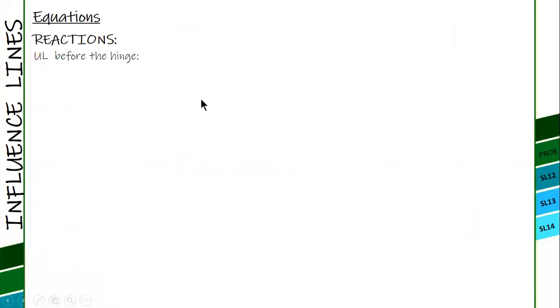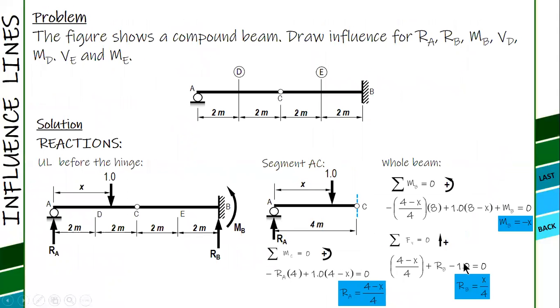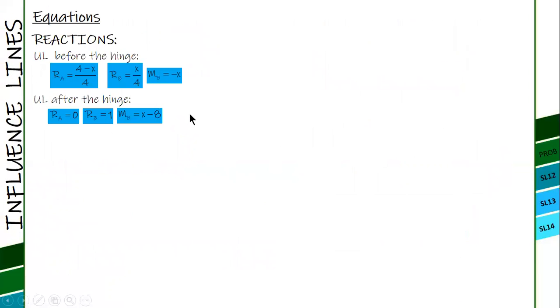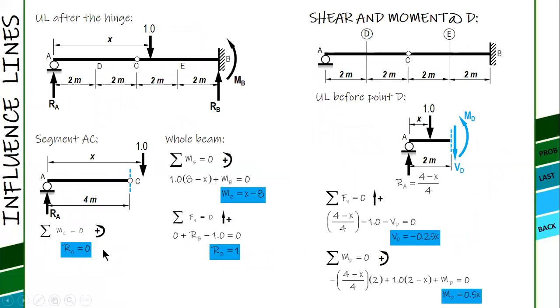So let us just recall the equations. Unit load before the hinge, this one. Unit load after the hinge: RA, RB, MB.